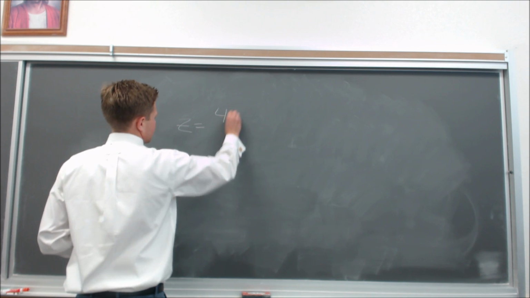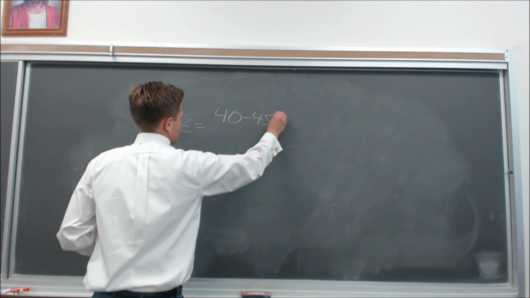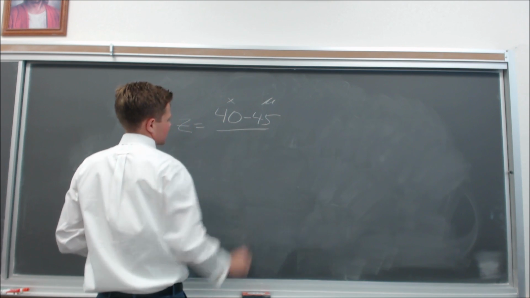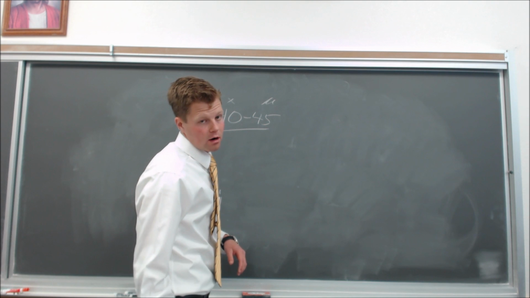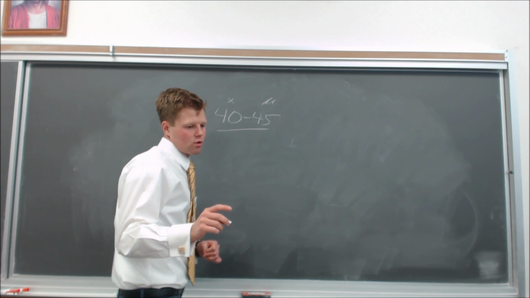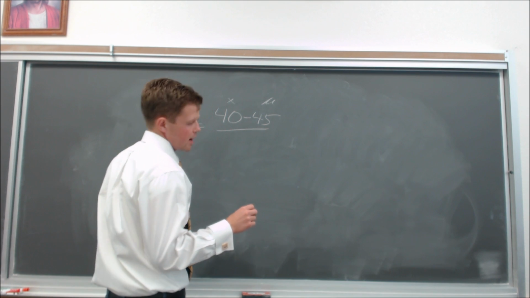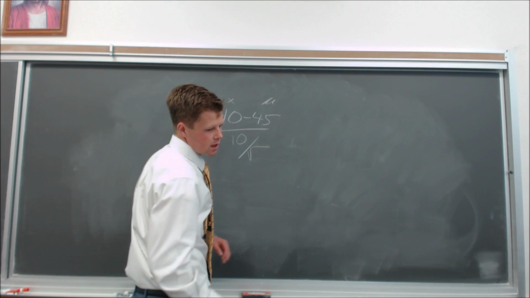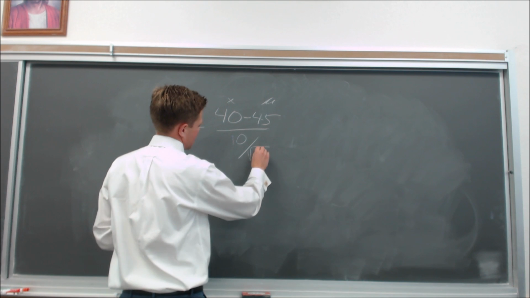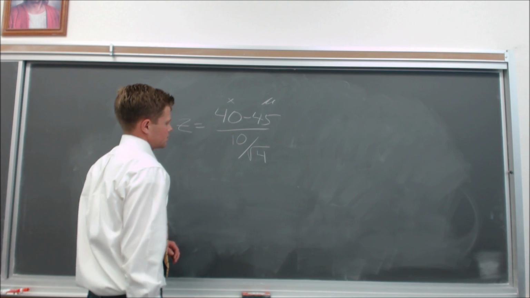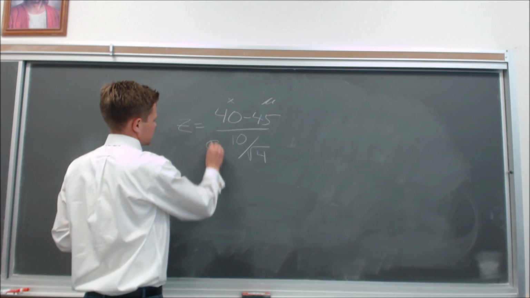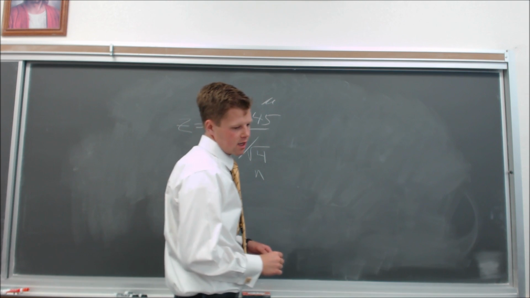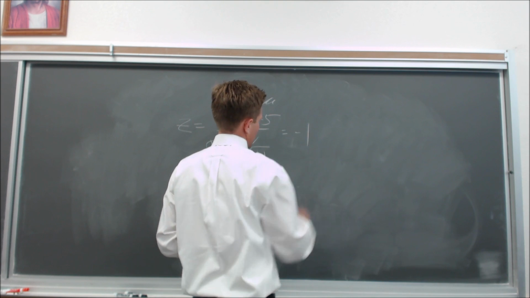A z-score of 40 minus 45, because remember this is our x, this is our mu, divided by our standard deviation, which is the sigma, the parent standard deviation of 10, divided by the square root of our sample size. So again, this is sigma and this is n. You type that into your calculator and you get -1.